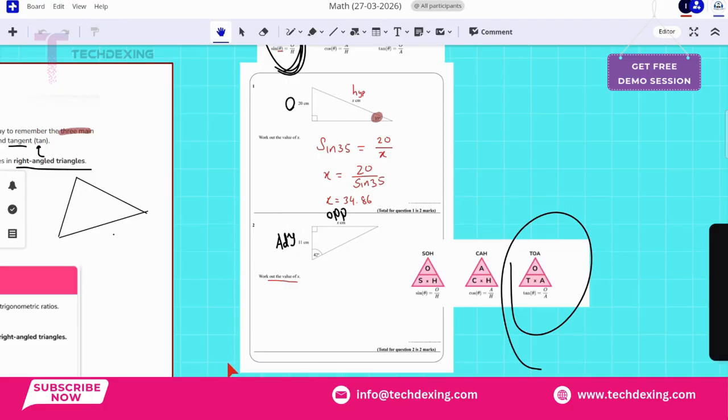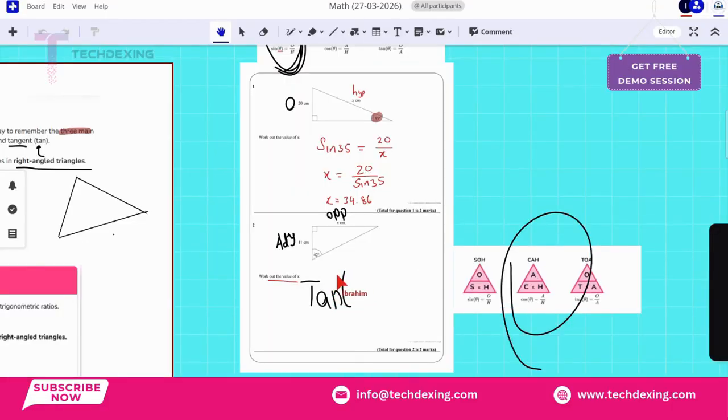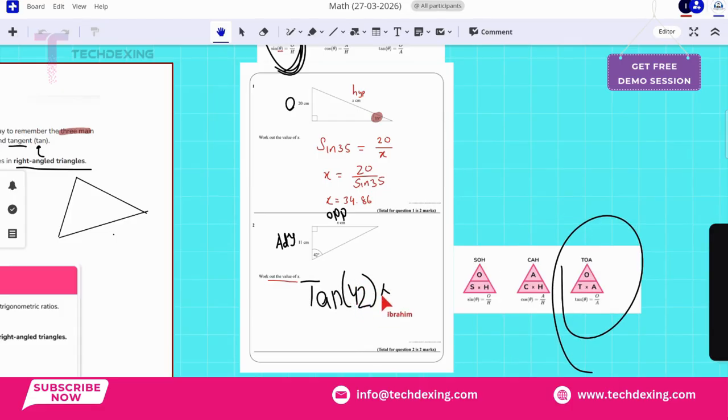So can you try to solve it over here on the board? 42 times 11 equals x.